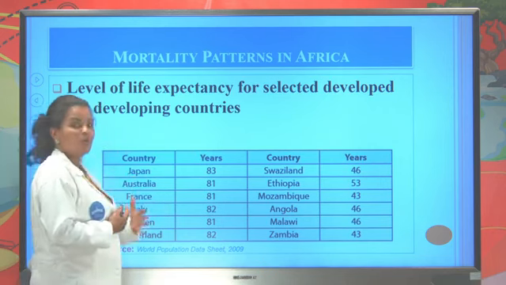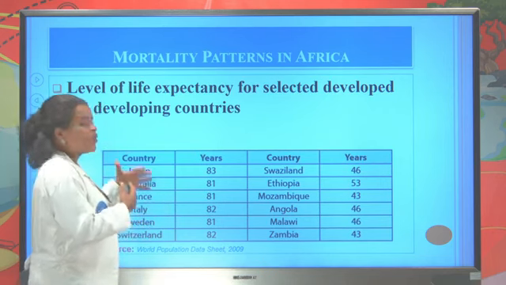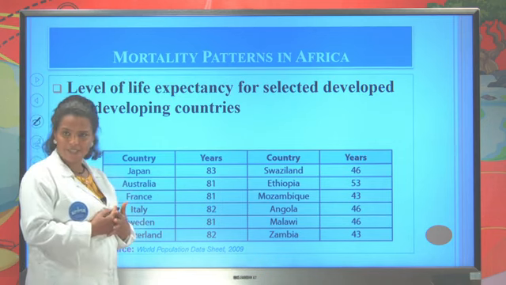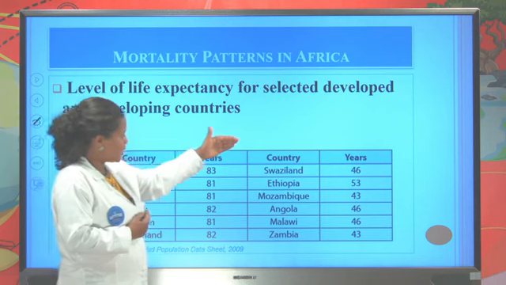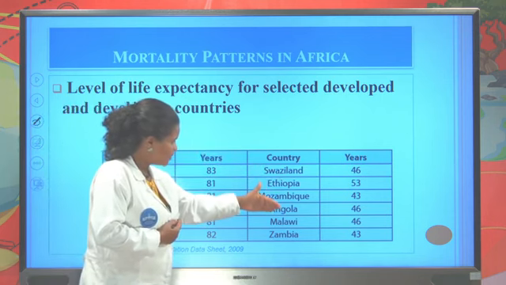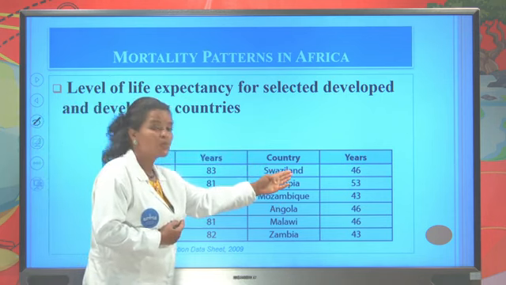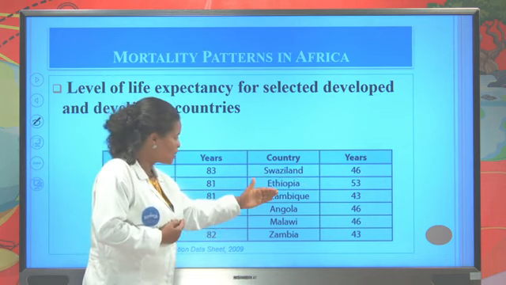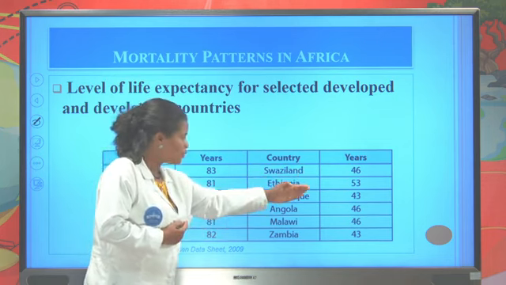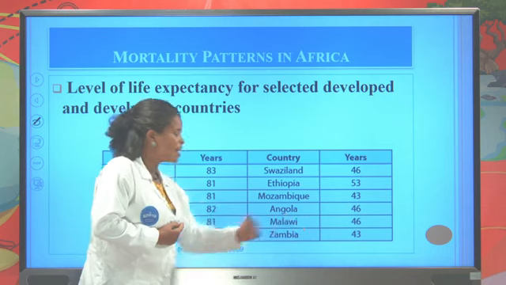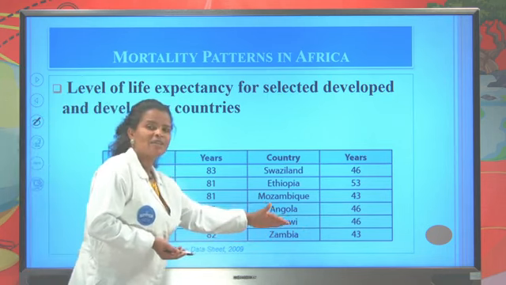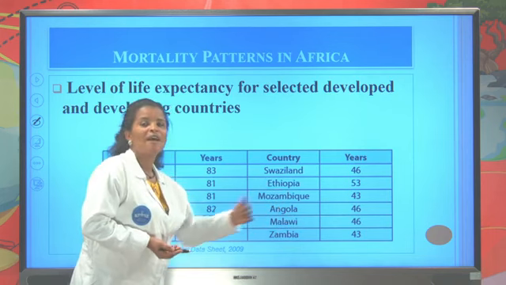From this table, we conclude that well-developed countries have long life expectancy. For developing countries, the life expectancy of Ethiopia is 53, Mozambique 43, Angola 46, Malawi 46, and Zambia 43. So developing countries have short life expectancy.